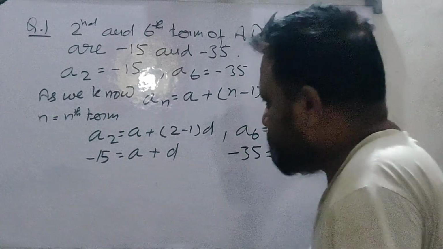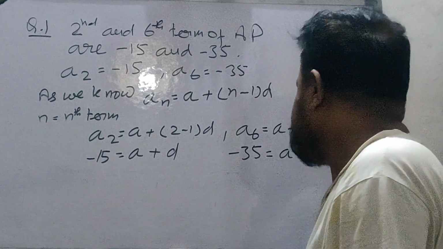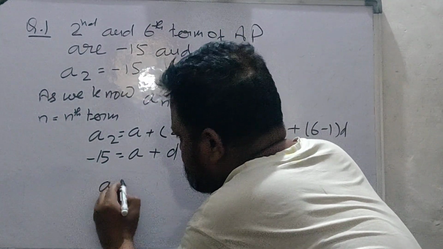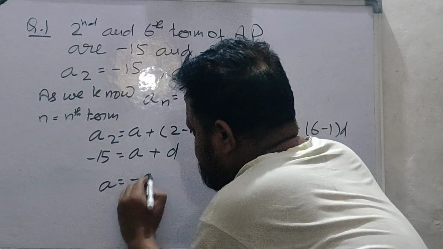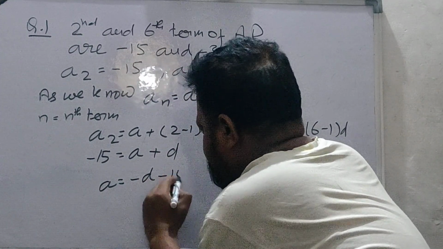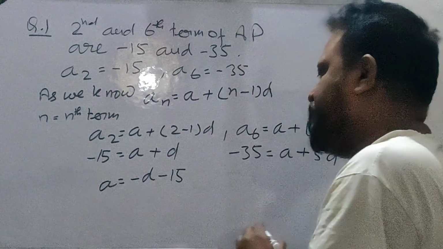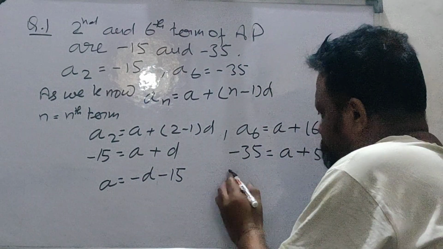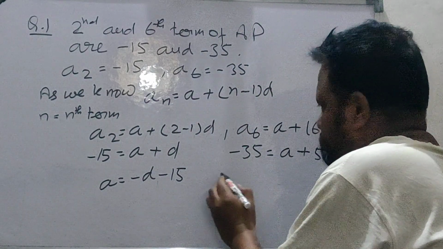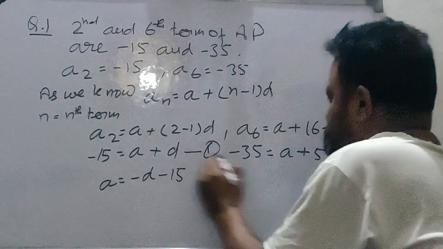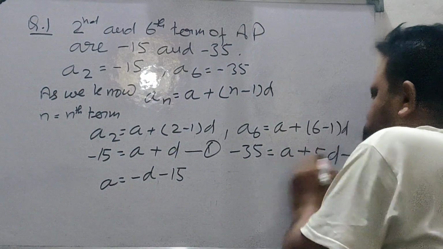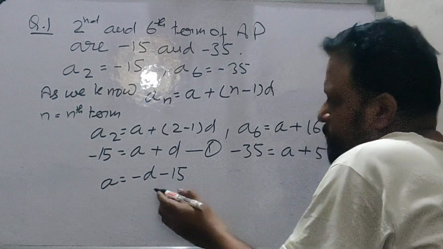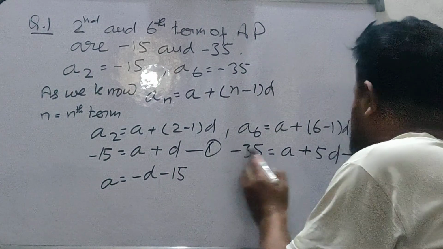So we can take it like this, that A is equal to minus D minus 15. This is equation 1 and this is equation 2. Put this value of A in equation 2.